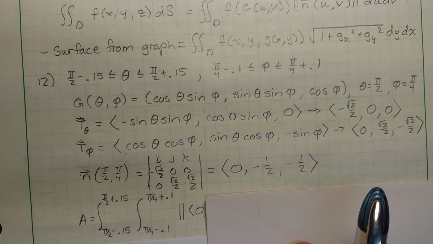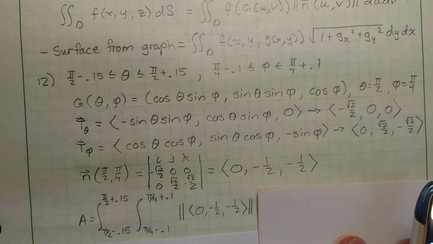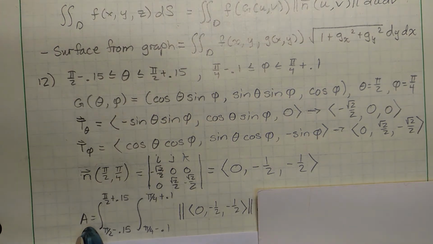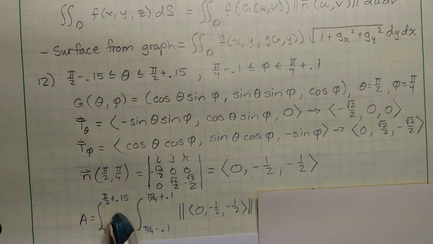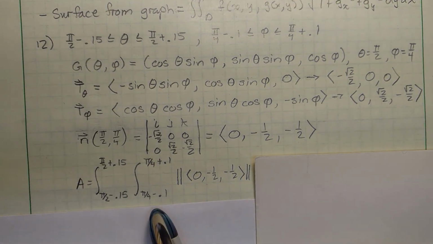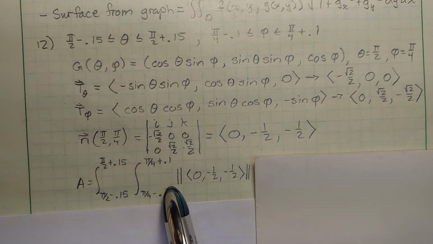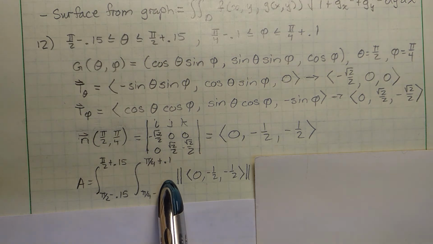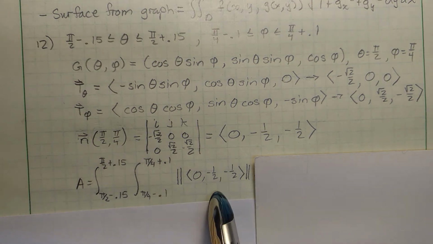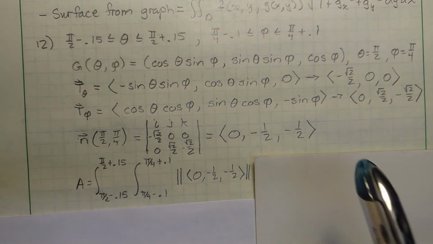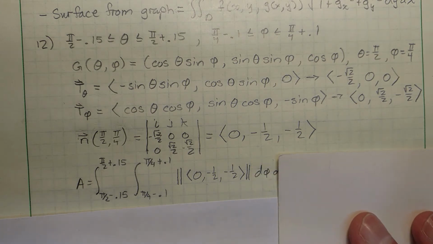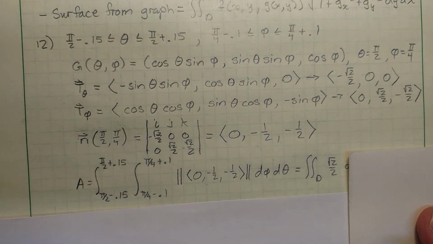So here's our setup. Since we're doing area, here are our theta limits, and here are our phi limits. We have 1 for our f of x because we're doing an area. And here we find the magnitude of our normal vector, which is going to be root 2 over 2.